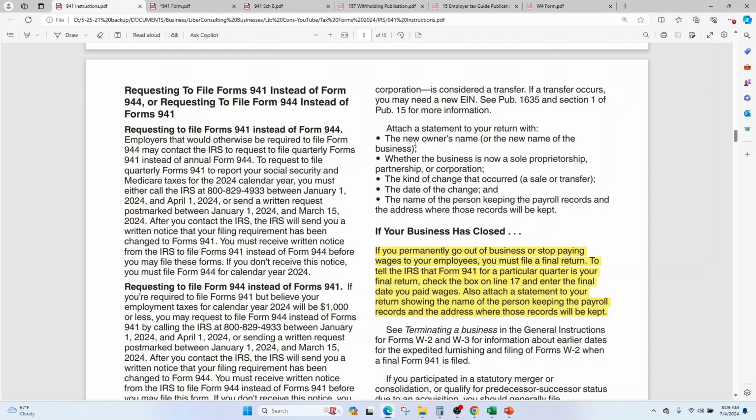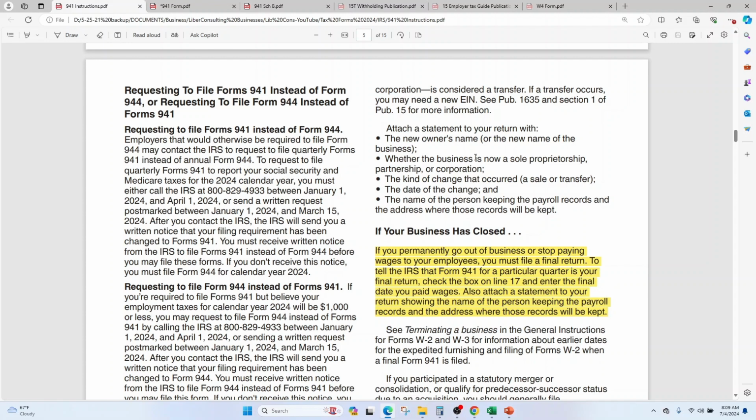Your attachment will include the new owner's name, the new name of the business, whether the business is now a sole proprietor, a partnership, or a corporation, the kind of change that occurred, whether it was a sale or a transfer, the dates the change happened, and the name of the person that is going to keep the old payroll records, and the address where those records will be kept.